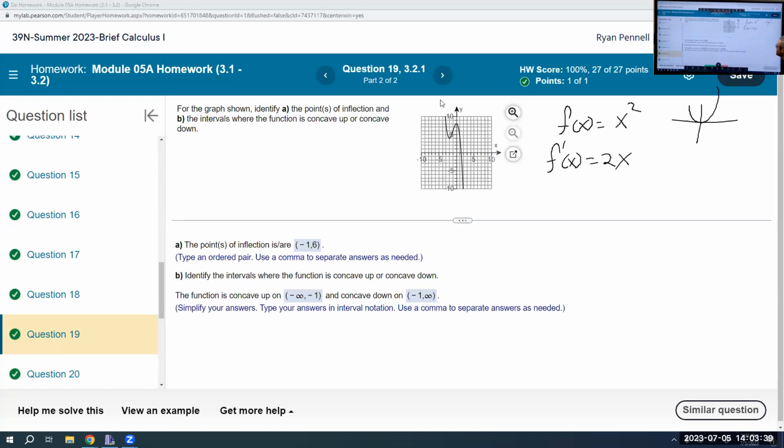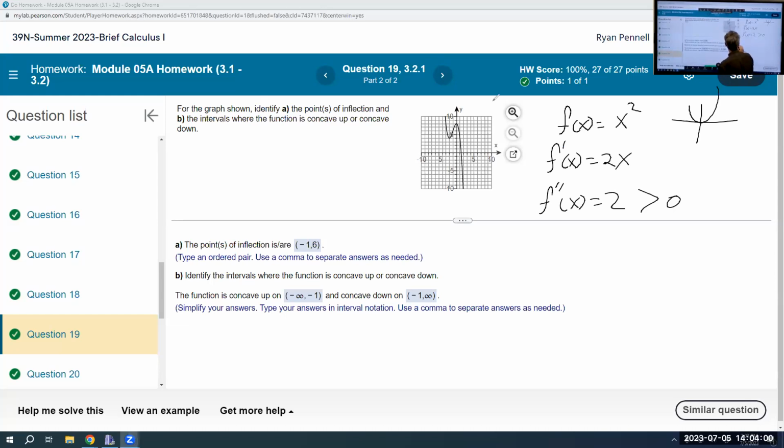That's the derivative. What's the second derivative? 2, which is greater than 0, which is positive. Okay, up is a cup. The second derivative will tell us the orientation, but we don't need to do that if we know the graph. But we will for the second homework.